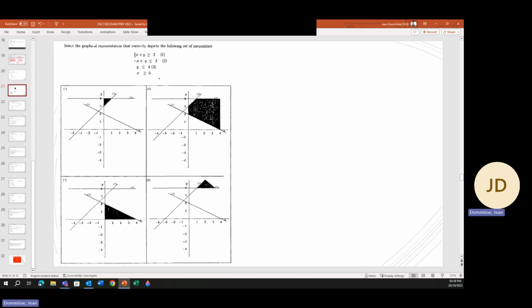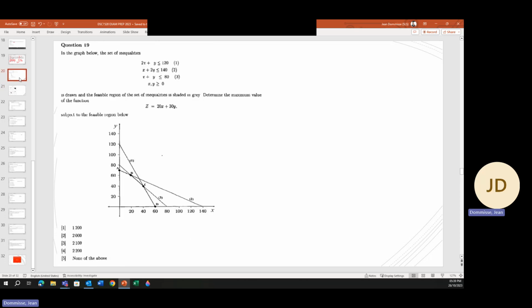They can give you inequalities, and you need to pick the area that it will represent, or they give you inequalities with a function of maximum value, and they want you to say, okay, is point A, B, C, or D the point that will determine the maximum value?